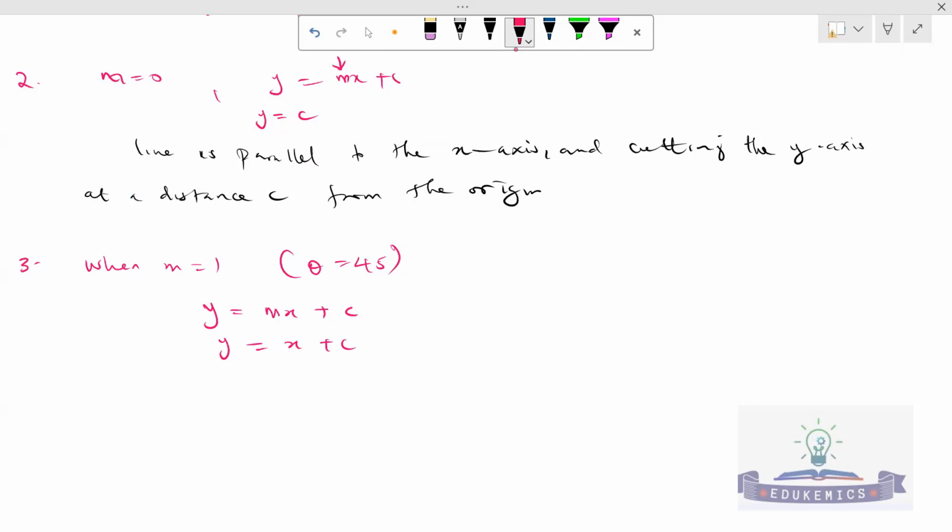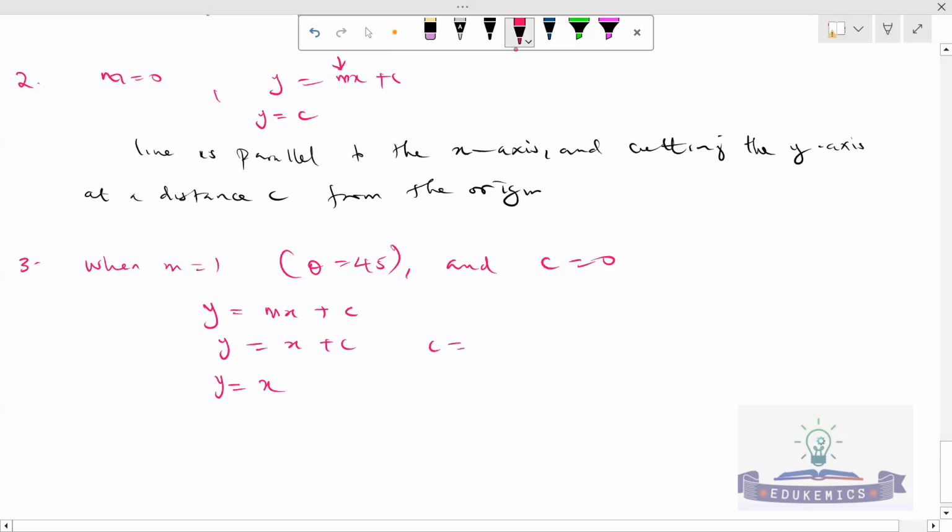Let's say c equals 0. So y equals x. Now, what does this equation mean? It means that the line is passing through the origin and making an angle of 45 degrees to the x-axis.